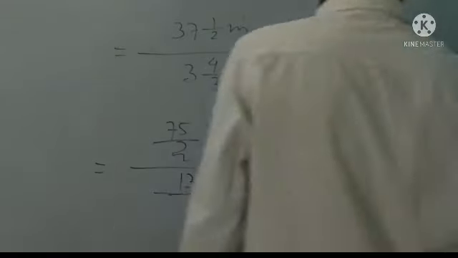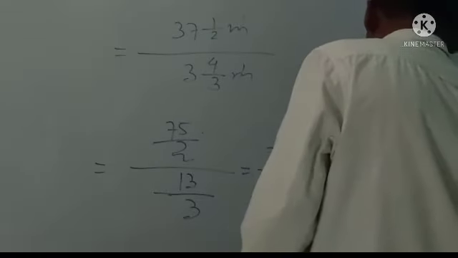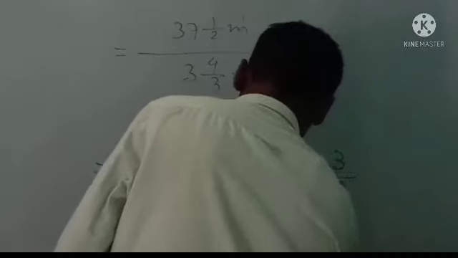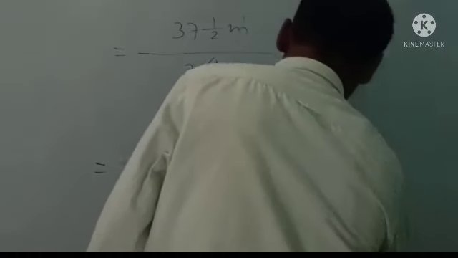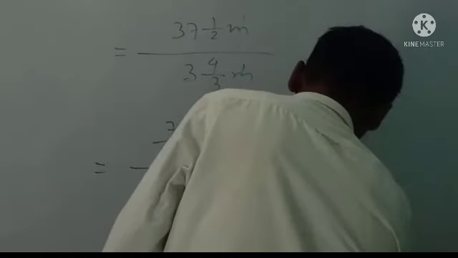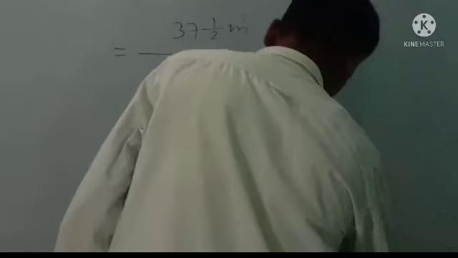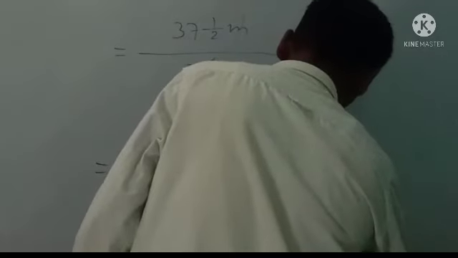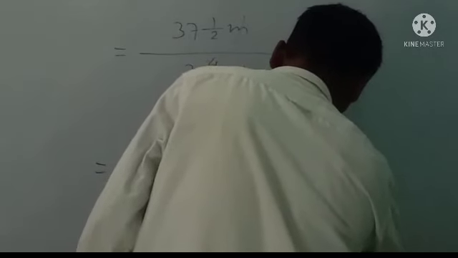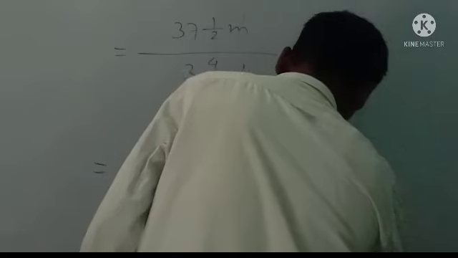So now what we got: 2 times 13 is 26, and 3 times 75, 3 times 5 is 15, carry over 1, 3 times 7 is 21, plus 1, 22, so 225 by 26.